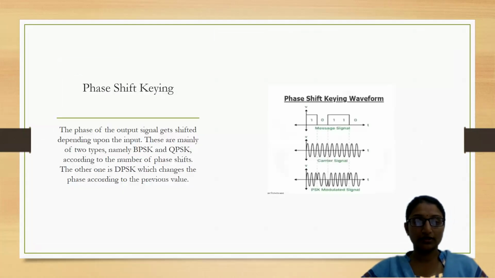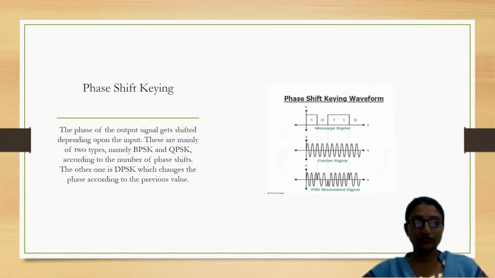The next modern digital modulation technique is phase shift keying. Phase shift keying can also be classified into two types: one is BPSK, the other is QPSK. BPSK is binary phase shift keying, whereas QPSK is quadrature phase shift keying.